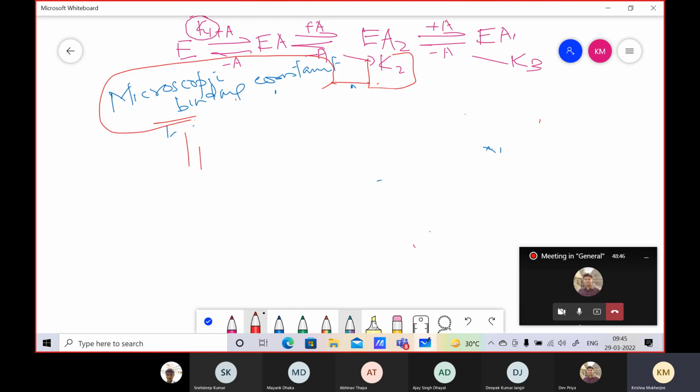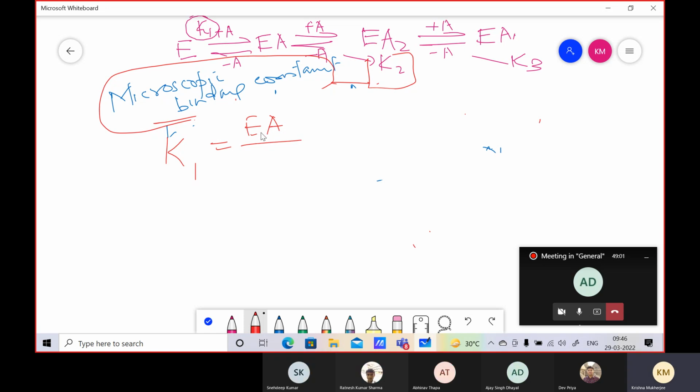We talked about capital K1. Let us say capital K1, and what was that equal to? It was equal to E into A upon EA, the dissociation constant, right?